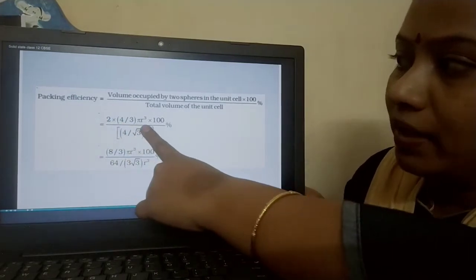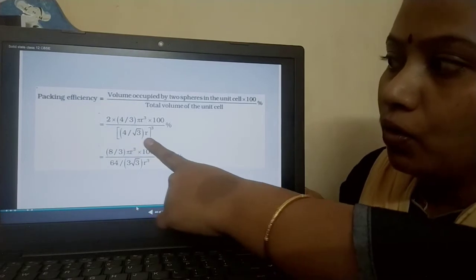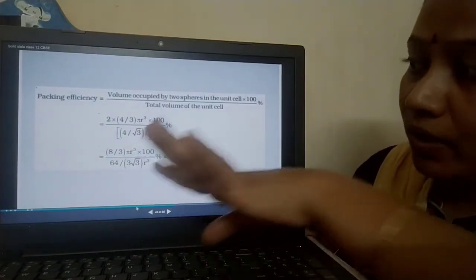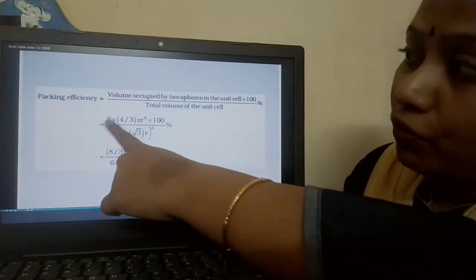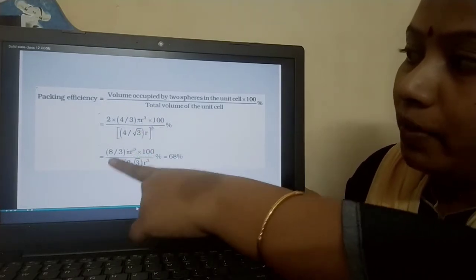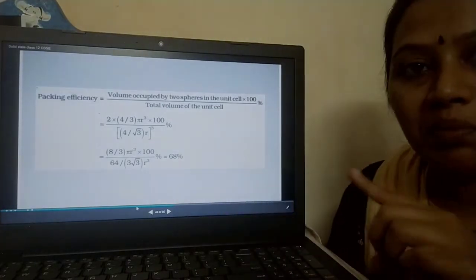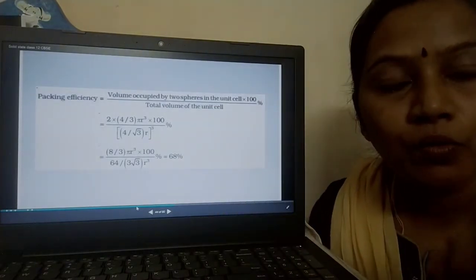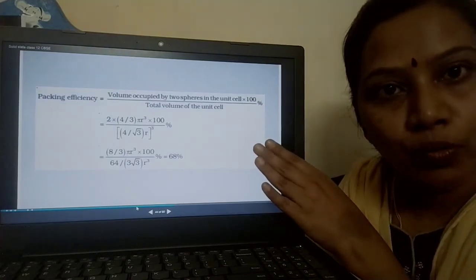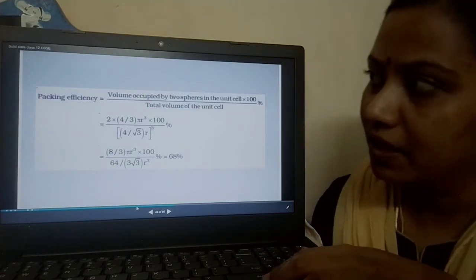So 2 into 4 by 3 pi r cube divided by the total volume of the unit cell, which is 64 r cube by 3 root 3, into 100. Okay. So 2 into 4 is 8, 8 by 3 pi r cube into 100. What is 4 cube? It is 64, 3 root 3 into r cube, which is nothing but 68%. So what is the packing efficiency for a body centered cubic cell? It is 68%.